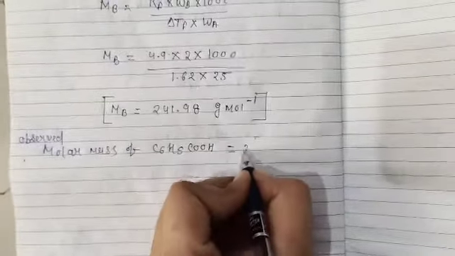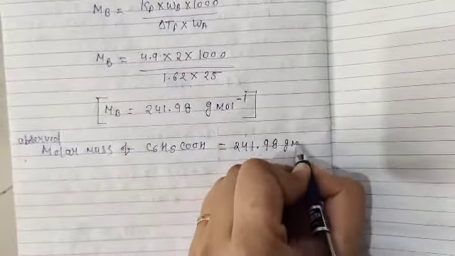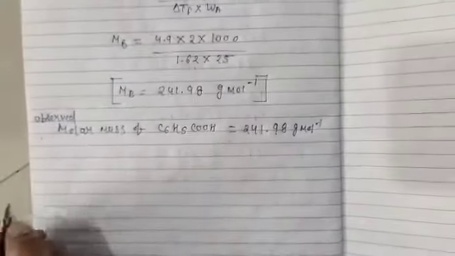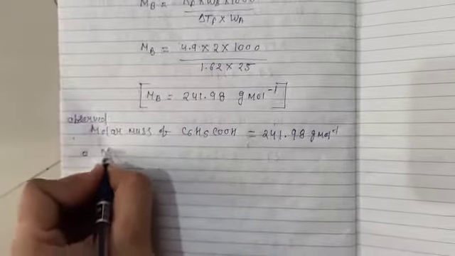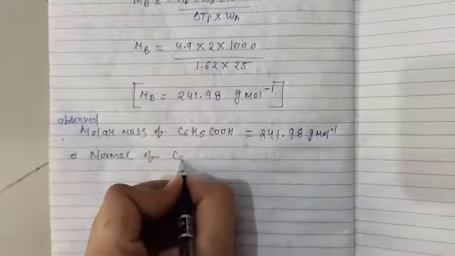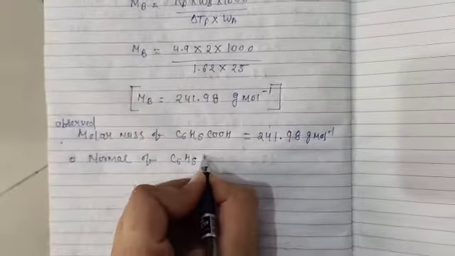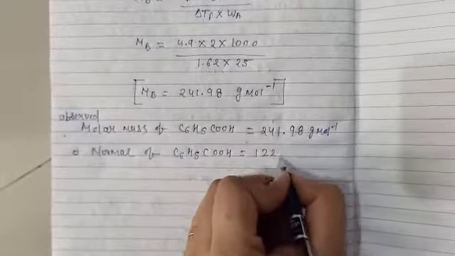So the observed molar mass is 241.98 gram per mole. Now what is the actual molar mass? The normal molar mass of benzoic acid you can calculate, which is 122 gram per mole.